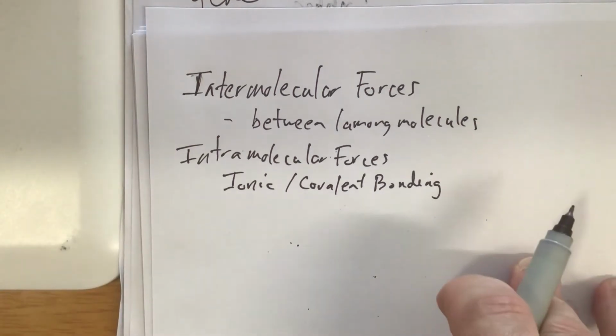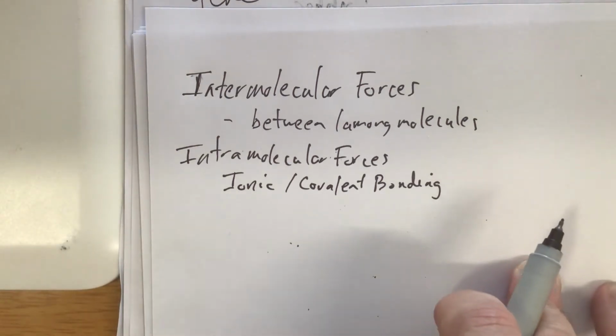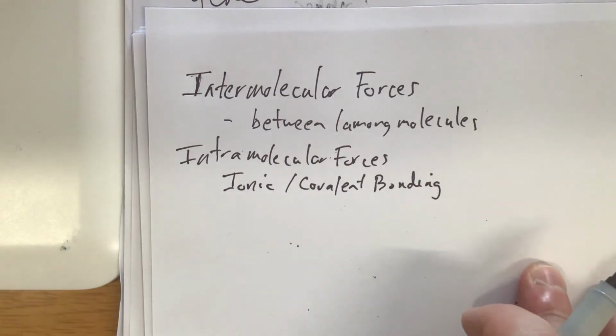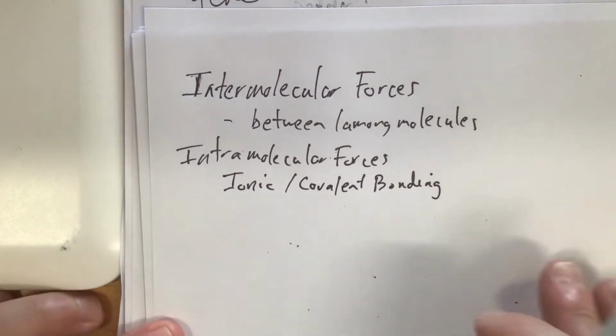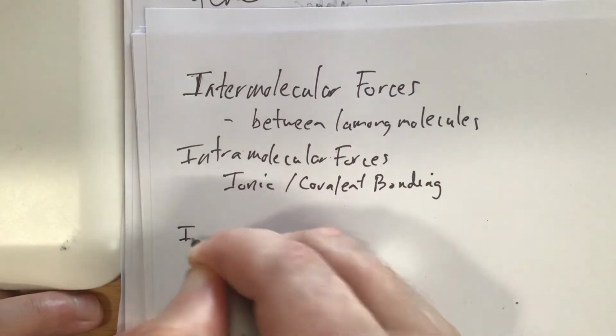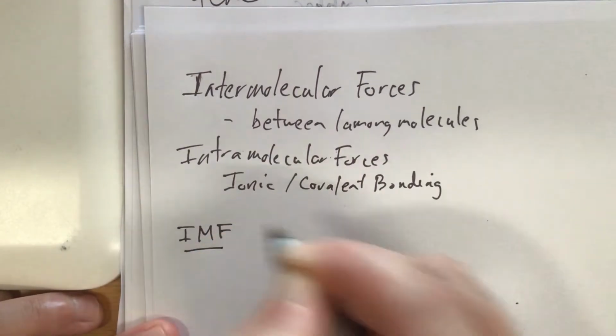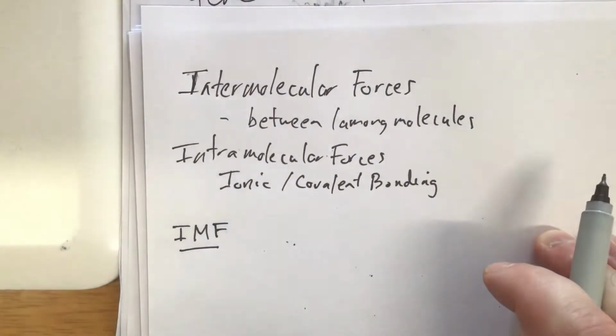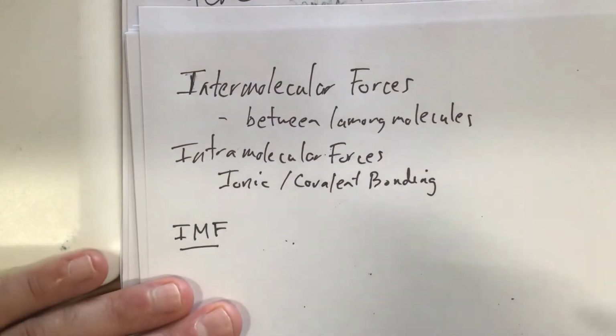What gives gases, solids, and liquids their properties that we were talking about? Those are those intermolecular forces. Okay, so just a quick review for IMF, or our intermolecular forces. There are 4 kinds.